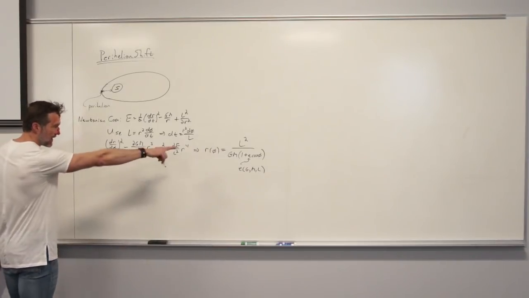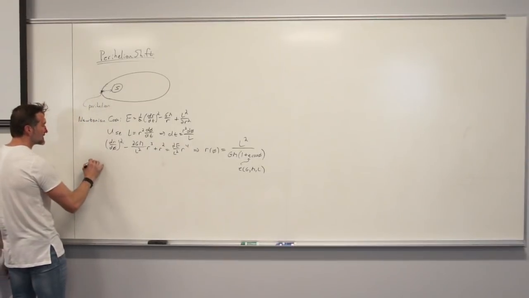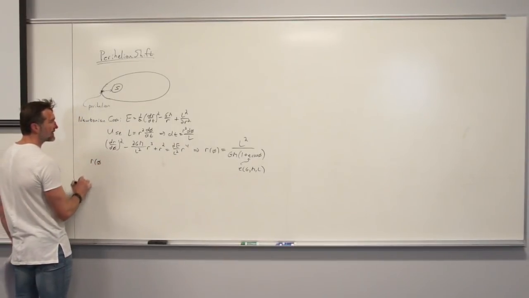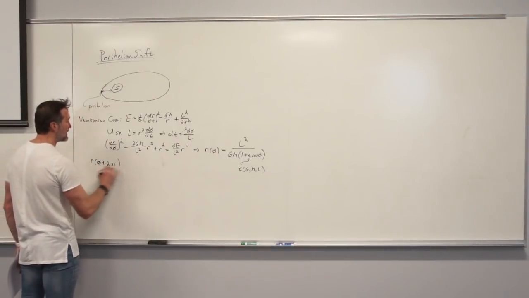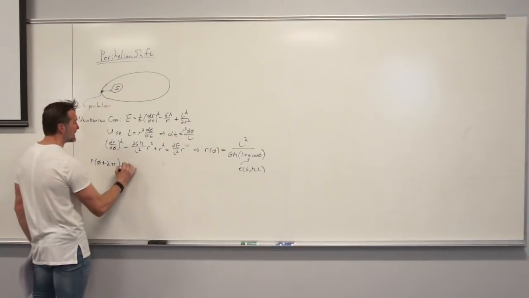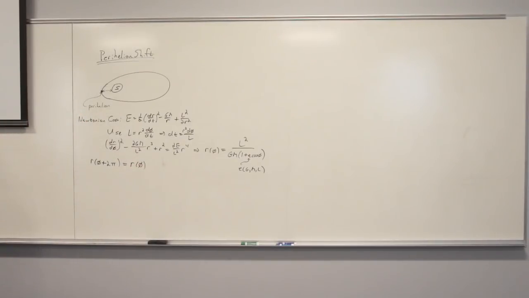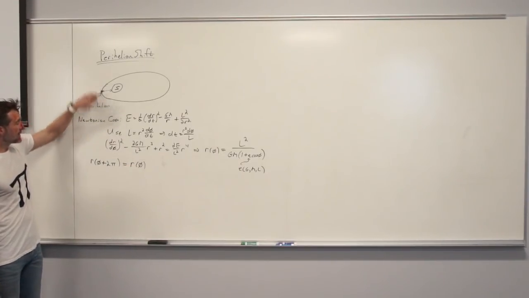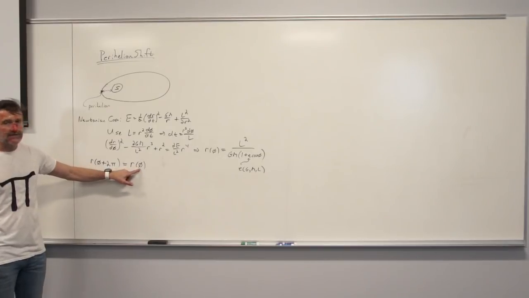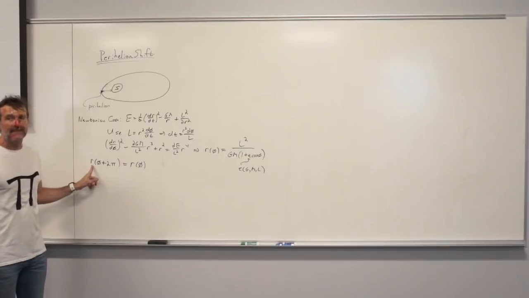And what's useful about that solution is that it immediately tells us that if I take the value of phi and I increase it by 2 pi, I end up right back at the value of r that I started at. How can we see that? If I start at a certain distance for phi equals anything, you could say phi equals 0, and I go all the way around once, I end up at the same radial position.